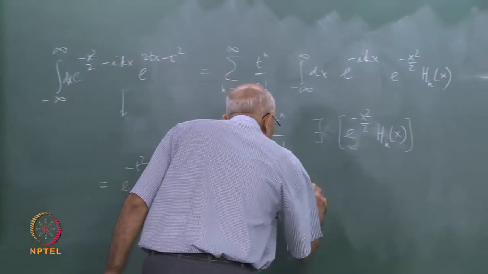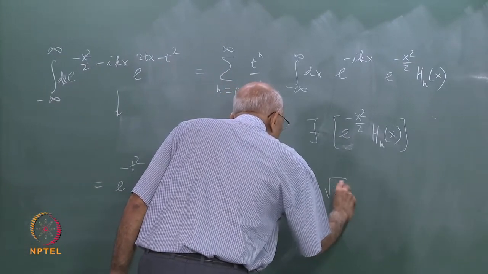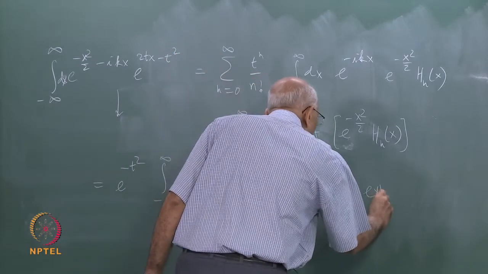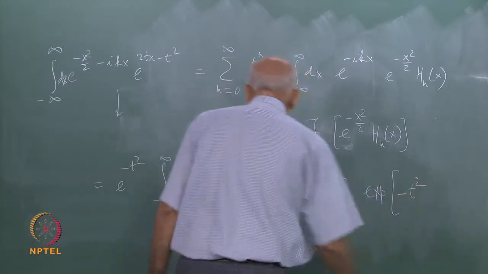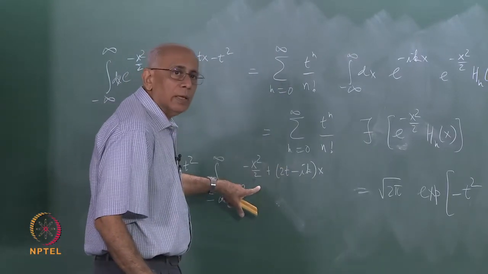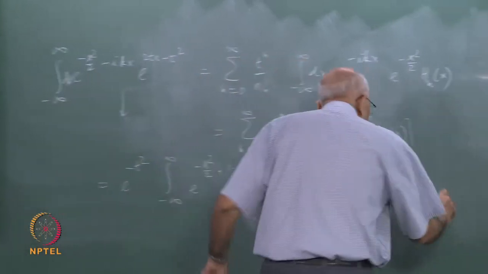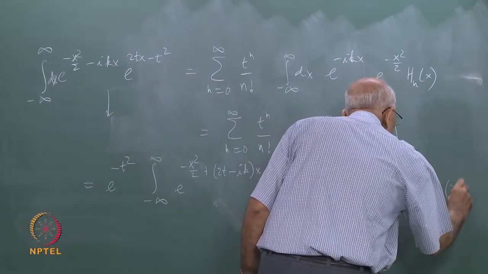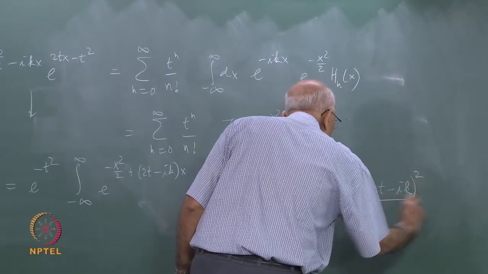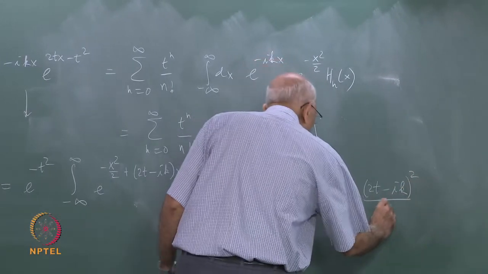So let us keep that factor, square root of 2 pi, and then you have exponential of minus t squared plus b squared over 4 times a. So b squared is 2t minus ik whole squared, over 4 times a, where a is a half, so there is a 2 here.